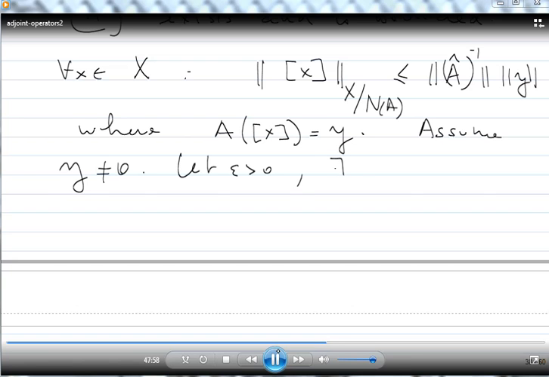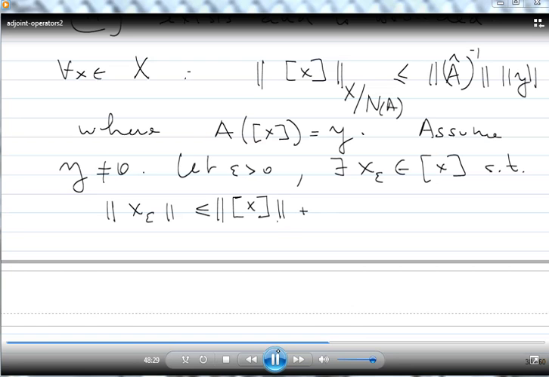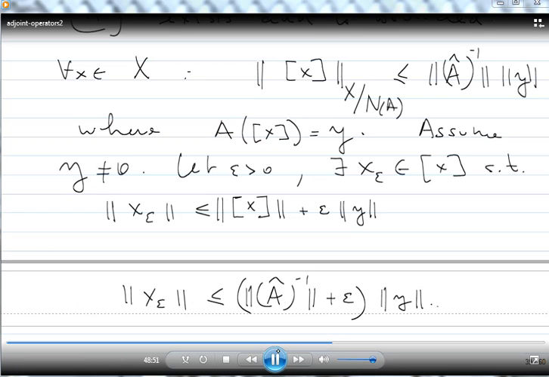Then there exists X epsilon in the class of X such that the norm of X epsilon is less than the norm of the class of X plus something, because this is the infimum, epsilon norm of Y. And this tells us that the norm of X epsilon is less or equal than the norm of A hat inverse plus epsilon times the norm of Y. Excellent.